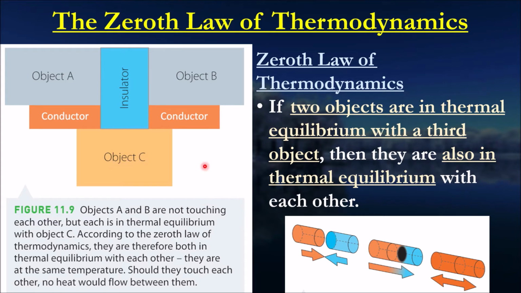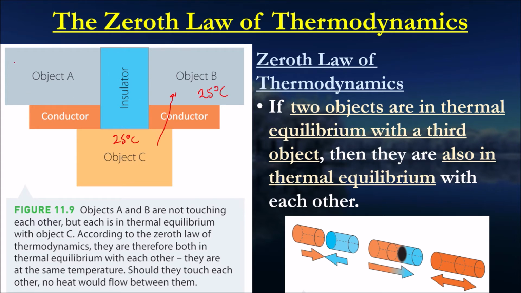So that's a lot of different words. Let's just explain that. Let's say object A, object B. They are blocked off by an insulator, so they're not going to have any heat transfer between each other. But what we do know is that object C is at 25 degrees and it has transferred its thermal heat to object B, which also has 25 degrees.